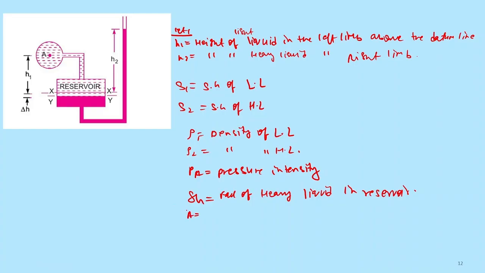And capital A equal to the cross section area of the reservoir, and small a is the cross section area of the tube.